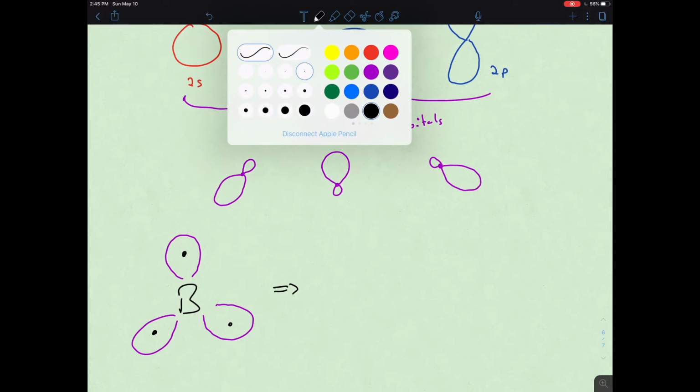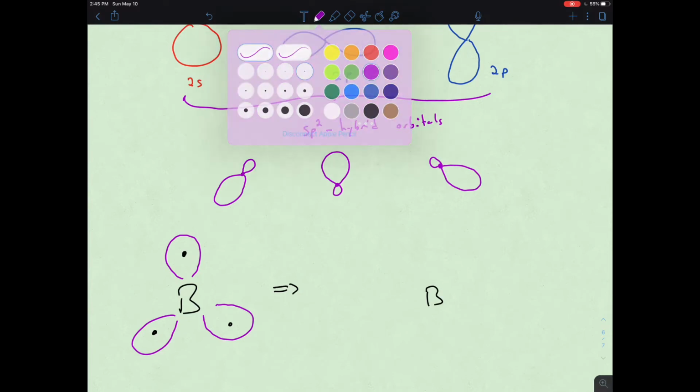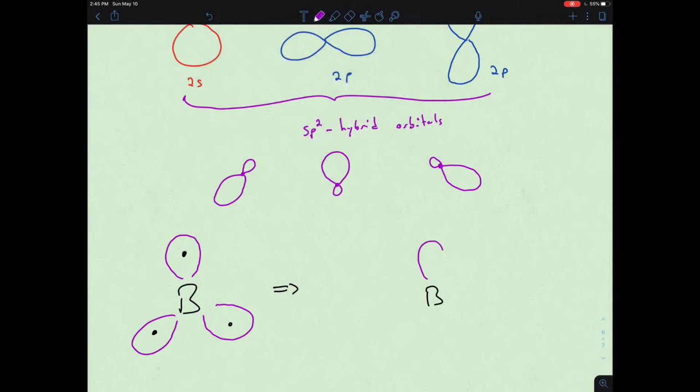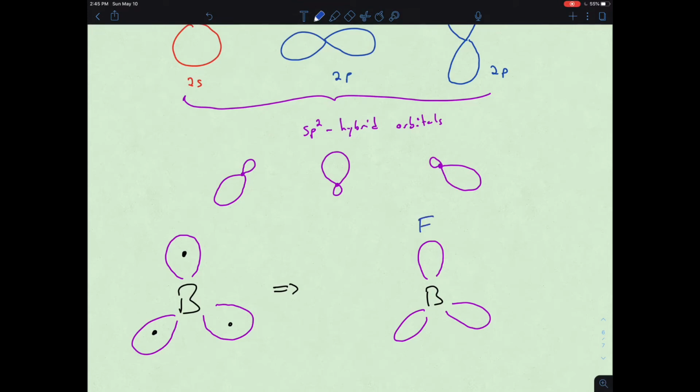And now we have our fluorines there to bond with those hybridized orbitals. And so we could write our fluorine at each one of those lobes. Each fluorine still has its lone pairs.